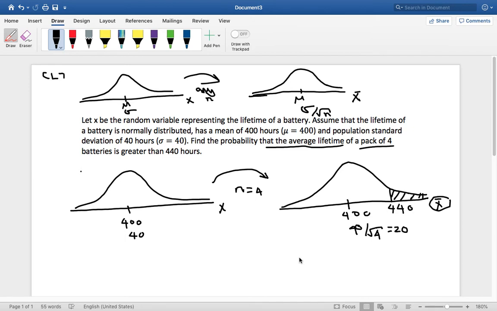I can't just do norm.dist. Norm.dist will just give me the area to the left. Excel works to the left. So I have to do 1 minus norm.dist, and then we just put in the data, which is going to be the 440.